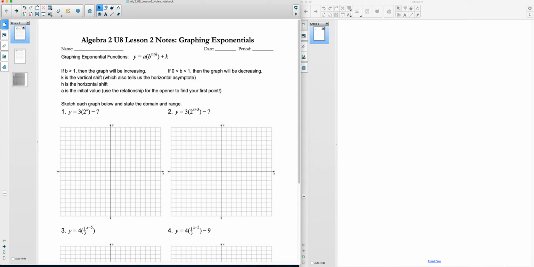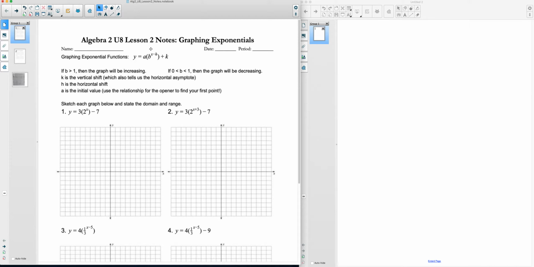Just to review a few things: when that base is greater than 1, we know that we will have an increasing graph, so it's going to be going uphill from left to right. When b is between 0 and 1, it's going to be decreasing, going downhill from left to right. K is our vertical shift, and like we saw in the little exploration opener, that's also going to tell us about our horizontal asymptote.